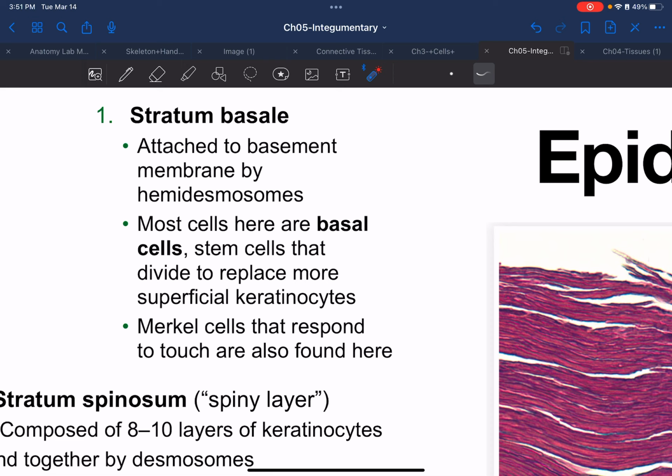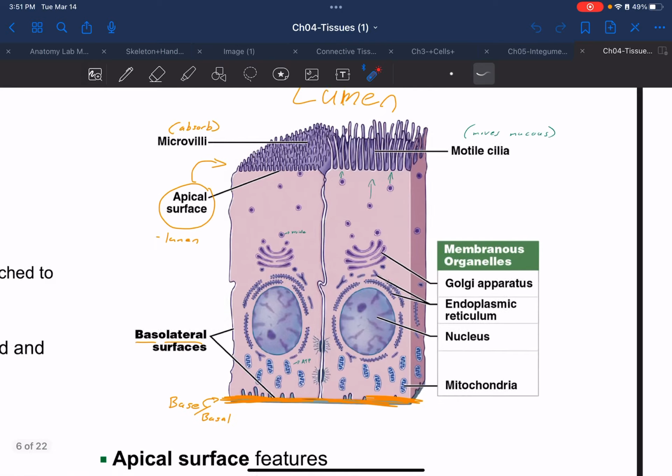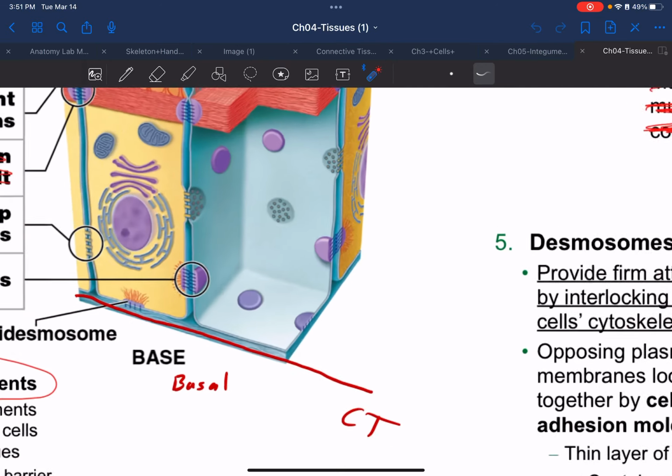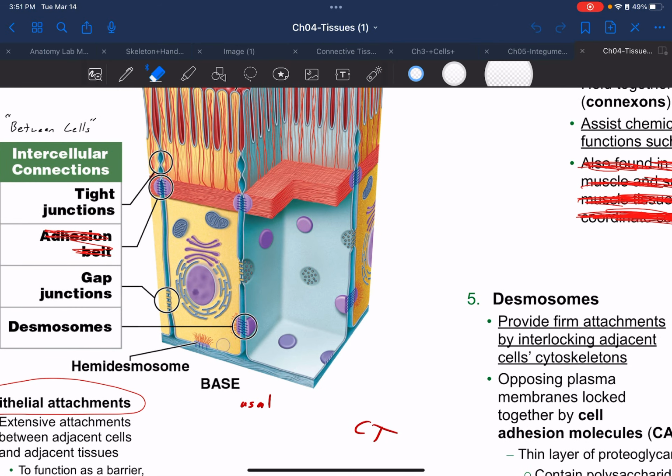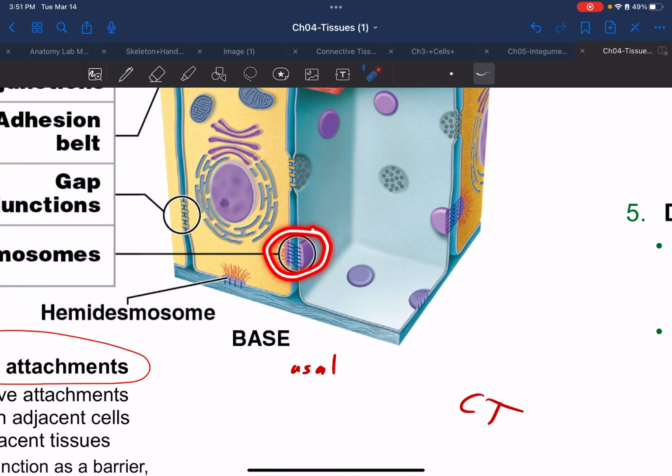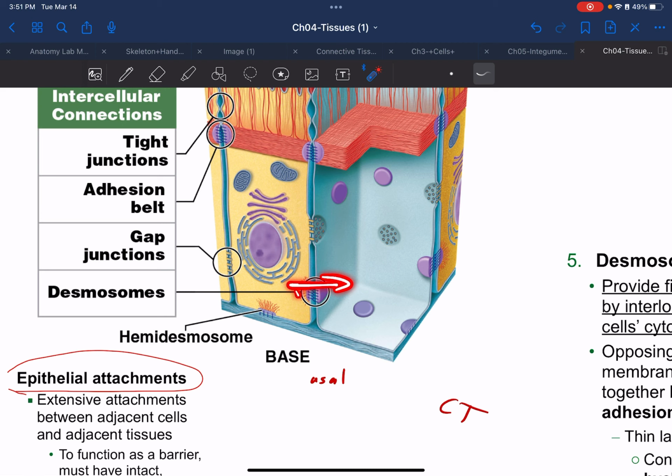They are attached to the basement membrane. Keep in mind hemidesmosomes, in case you need a picture from when we went over epithelial tissues: desmosomes keep things anchored left to right between epithelial cells, and hemidesmosomes anchor things to the basement membrane.